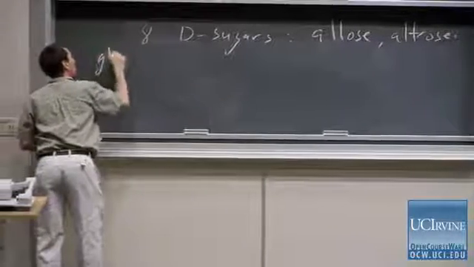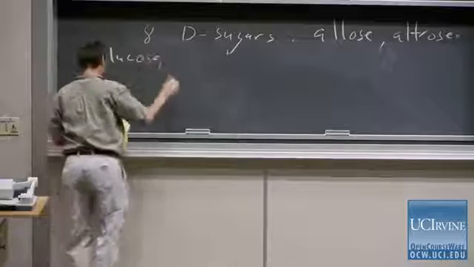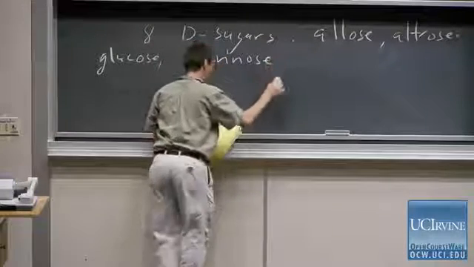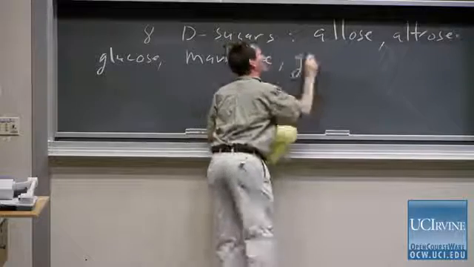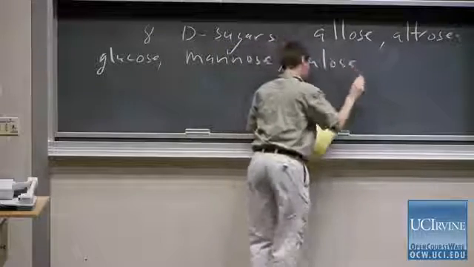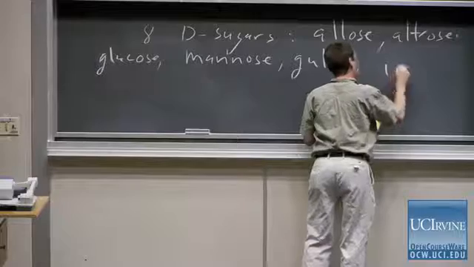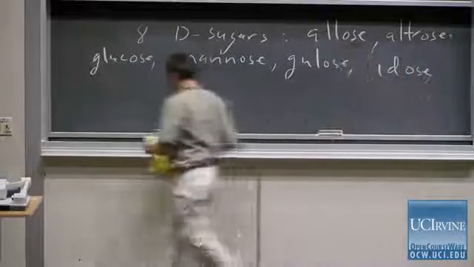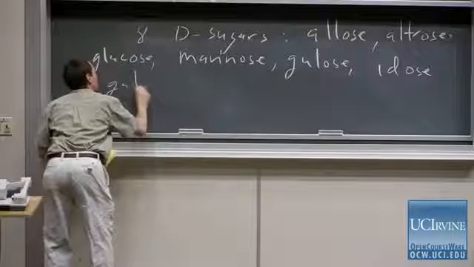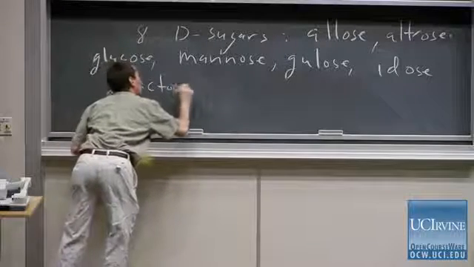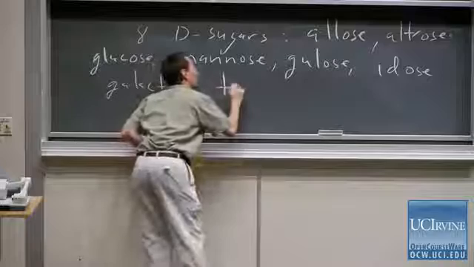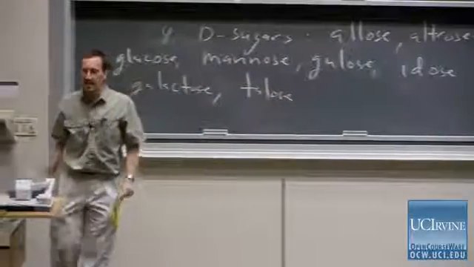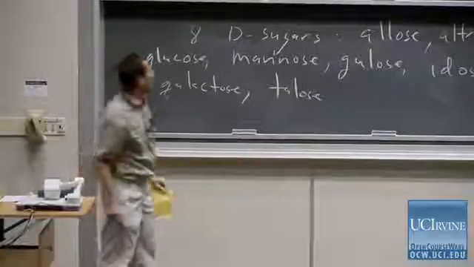Glucose, mannose, gulose, idose, galactose, and talose. So these are the 8 diastereomeric D sugars.